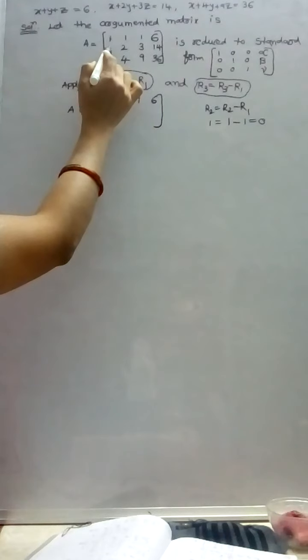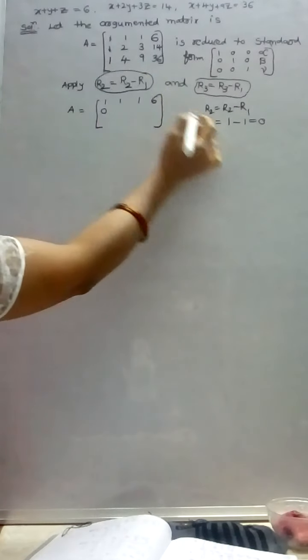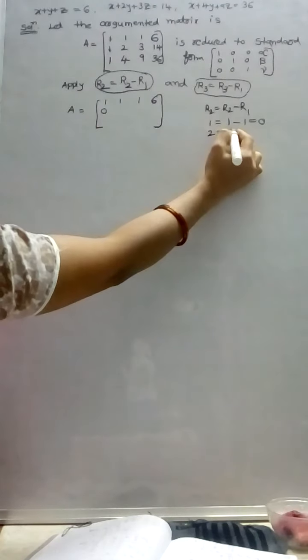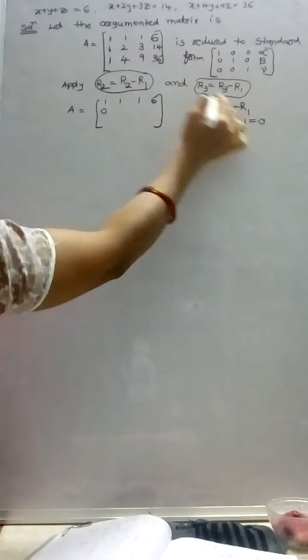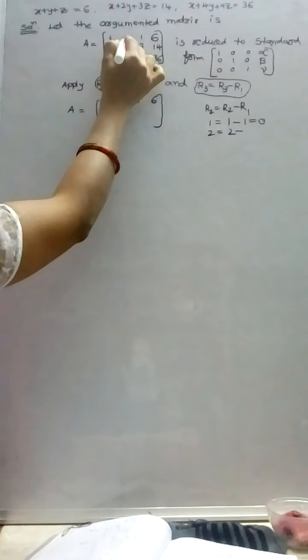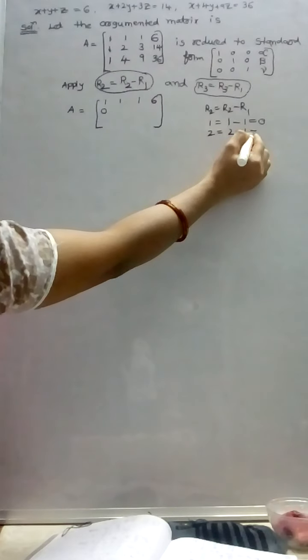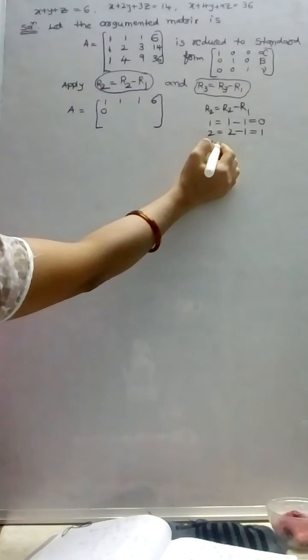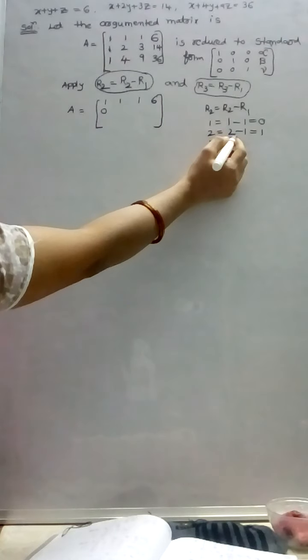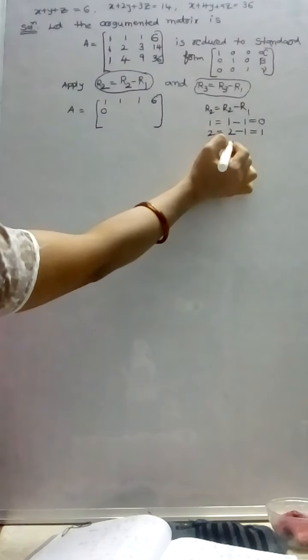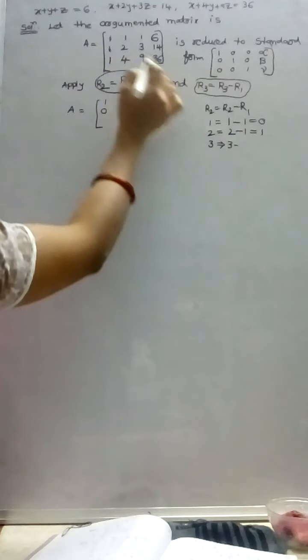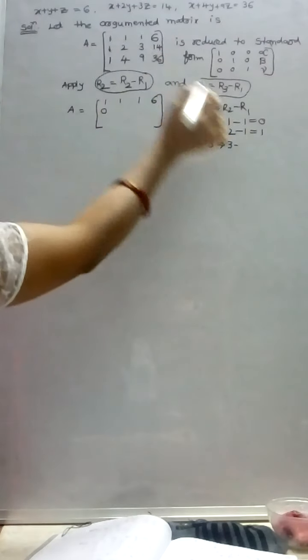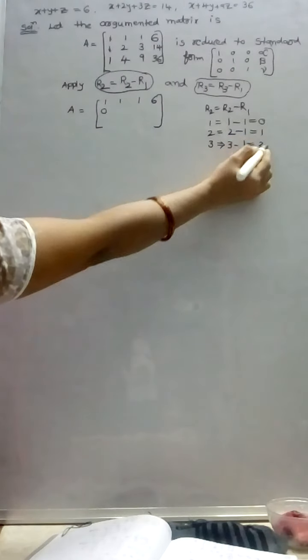Next, the second element is 2, and the corresponding element of R1 is 1, so 2 minus 1 is equal to 1. The next element is 3, and 3 minus the corresponding element of R1, which is 1, is equal to 2.